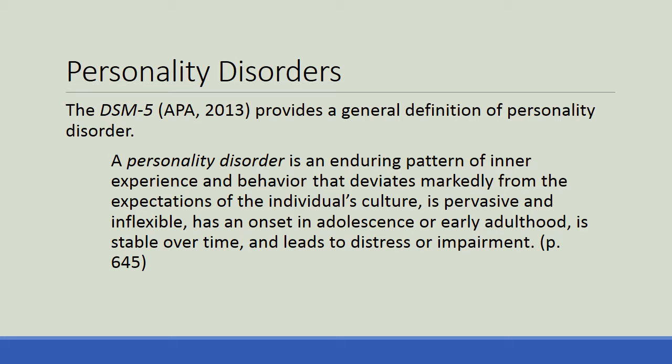The key aspects of this definition are incorporated into the diagnostic descriptions for each disorder. There must be a persistent pattern of behavior that deviates from societal expectations. The onset is in adolescence or early adulthood, and it leads to distress or impairment. The essential element of a personality disorder is that it is not an episodic condition in an otherwise well-functioning individual.